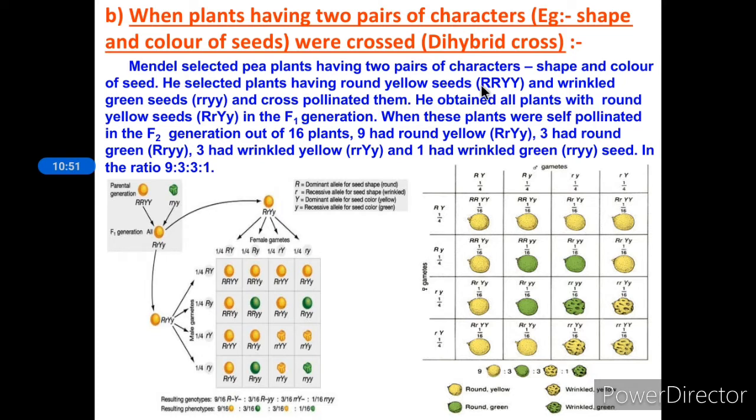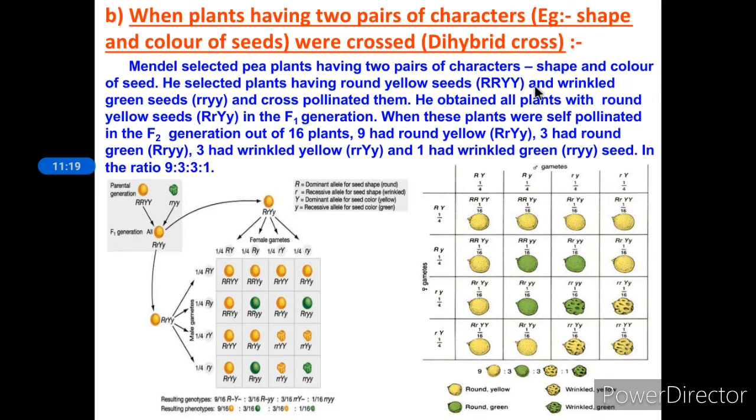As we have done in the monohybrid cross, tall and short plant, there we got Tt, a generation with all tall plants. Same way here, when round yellow seeds were crossed with wrinkled green seeds, he got a generation of plants with round yellow seeds.